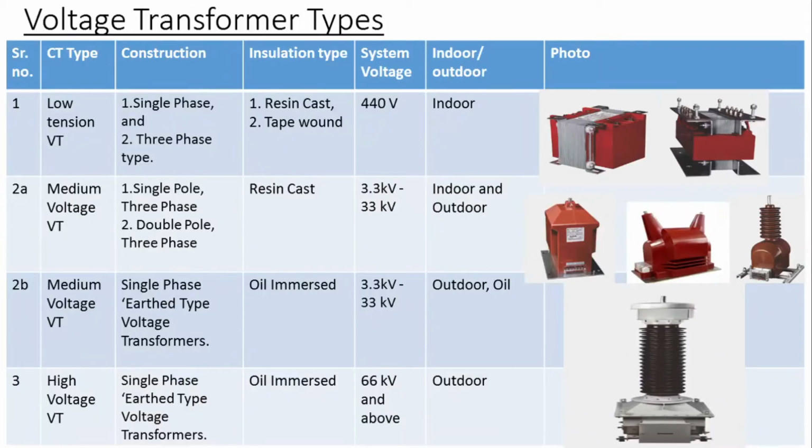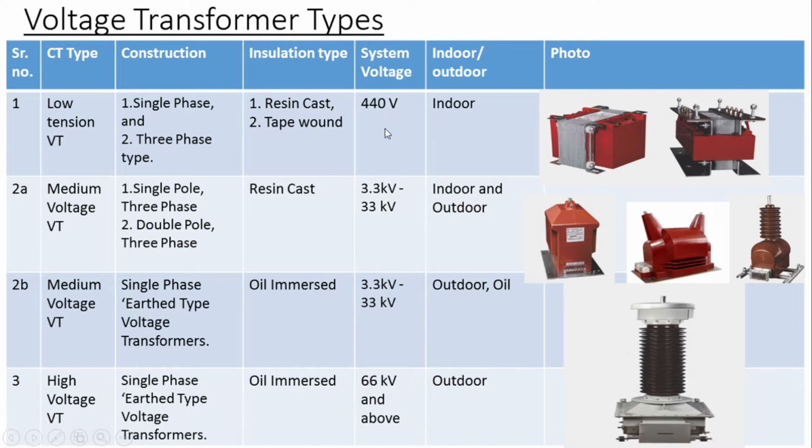Let's see now VT types according to construction, insulation rating, system voltage, and indoor-outdoor application. The first type is low tension VT. According to construction, it is of two types, single phase and three phase, with insulation materials of resin or tape mount.